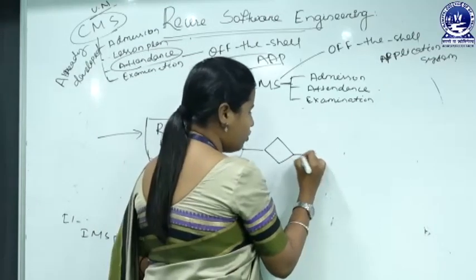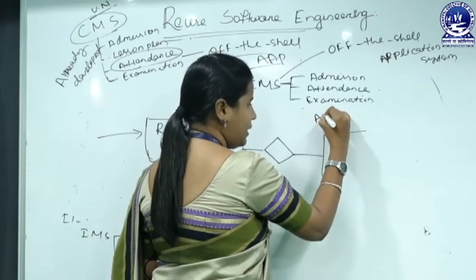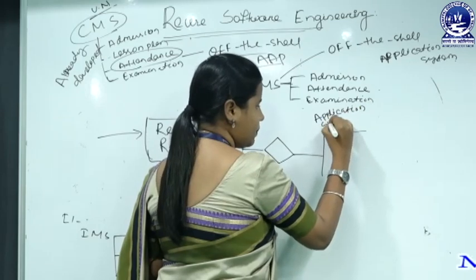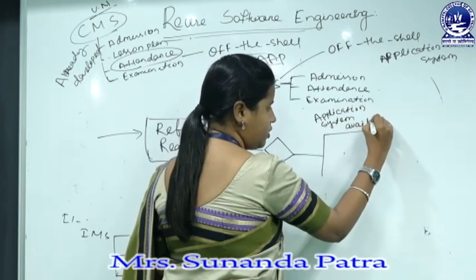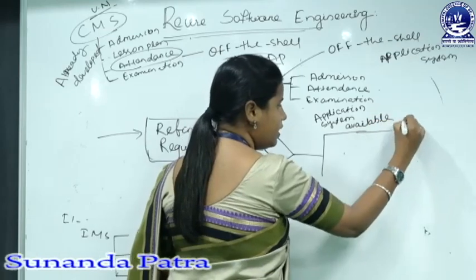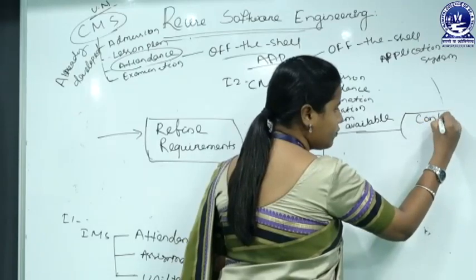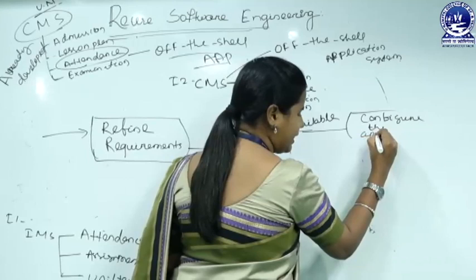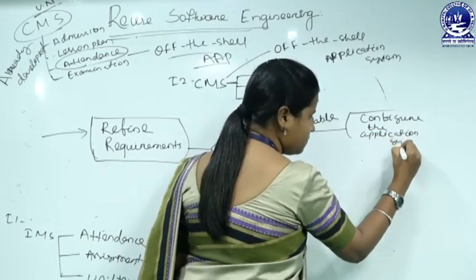So, we can go for the first, that is if the application system is available. If the application system is available, then we will go for the phase where we can configure the application system which actually available with us.